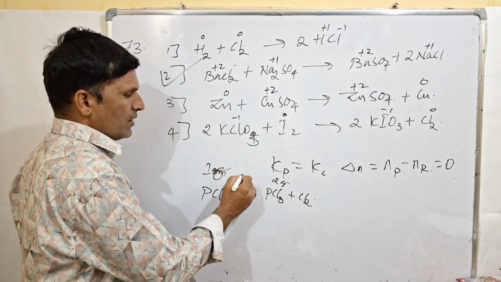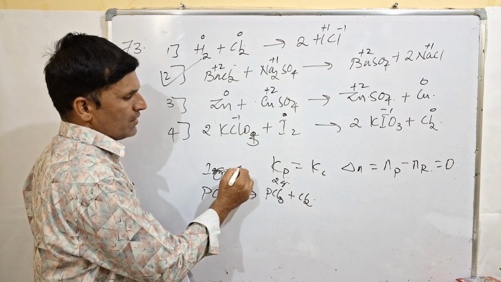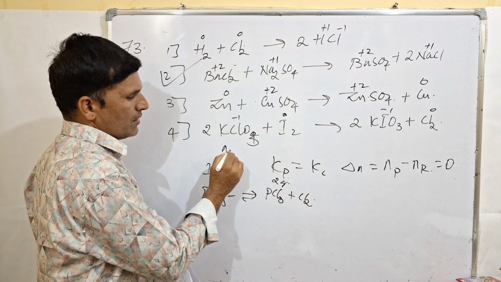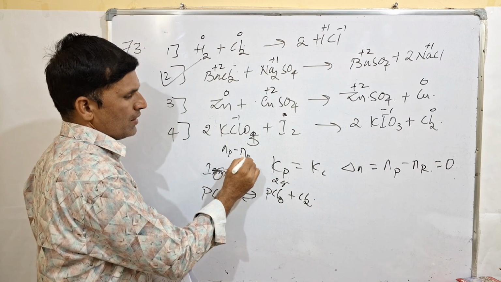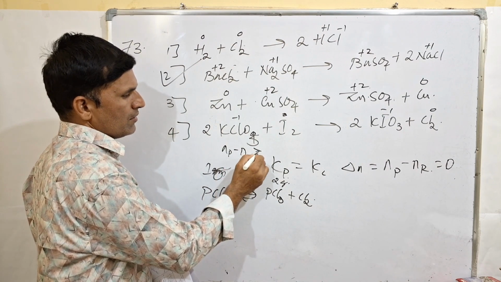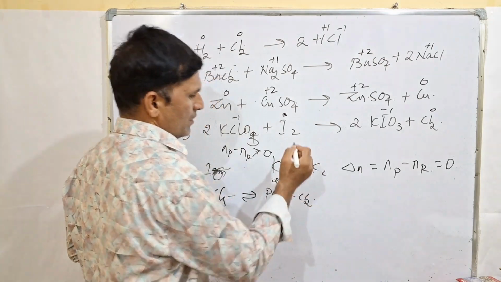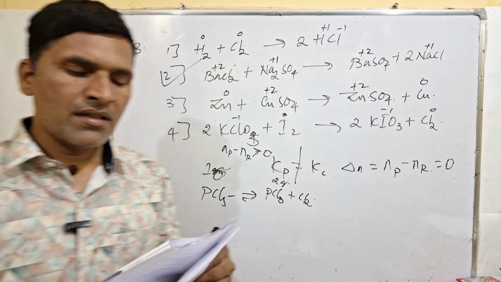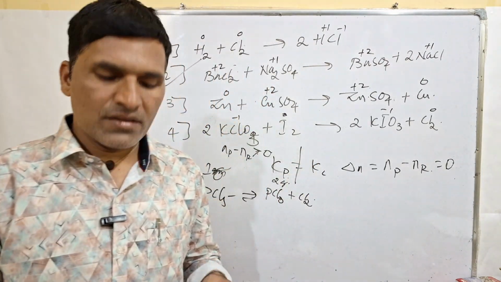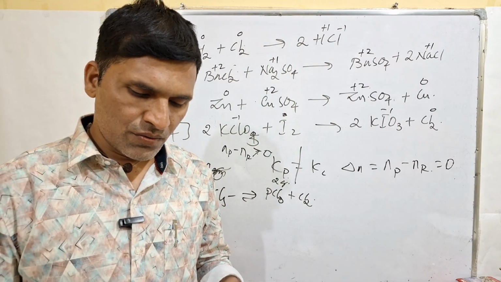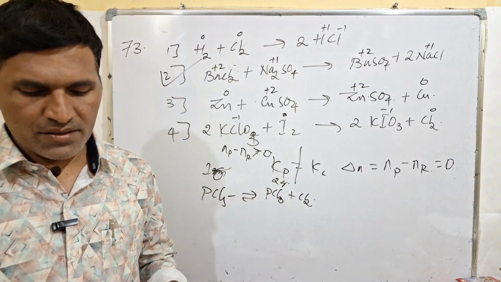So np minus nr is greater than 0. Therefore, your Kp will not be equal to Kc in this particular case. So your option is the third option. Okay, so let us move on to the next.